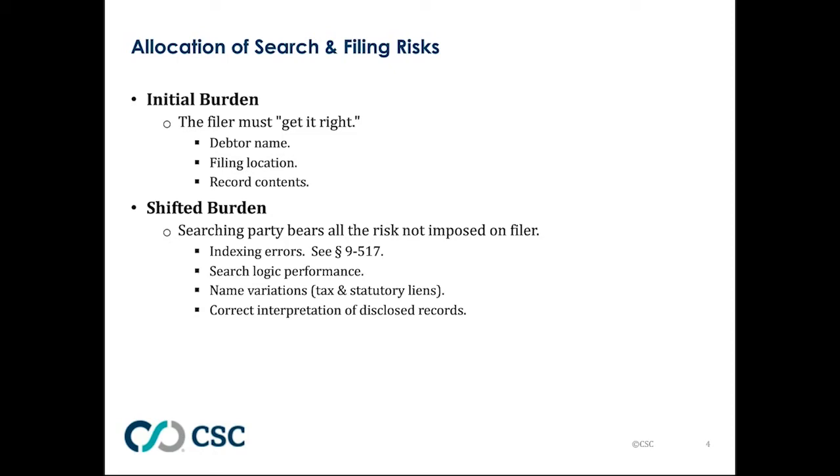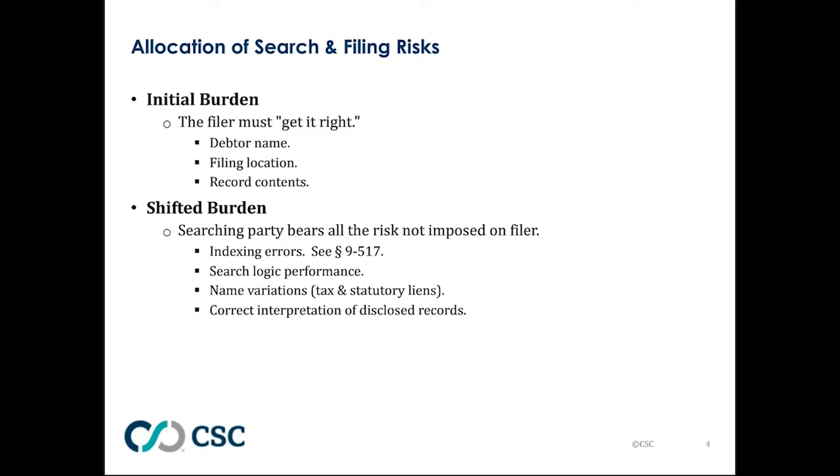And that means that the searcher isn't able to conduct the razor-sharp search on just an exact debtor name, for example, because they're going to bear the risk that a record that's been misindexed or is somehow otherwise effective doesn't exactly match that name.